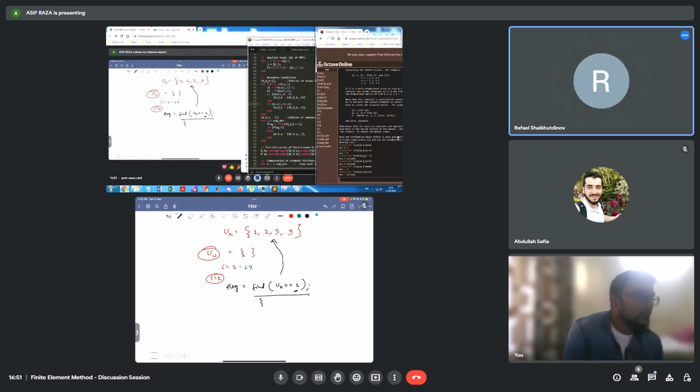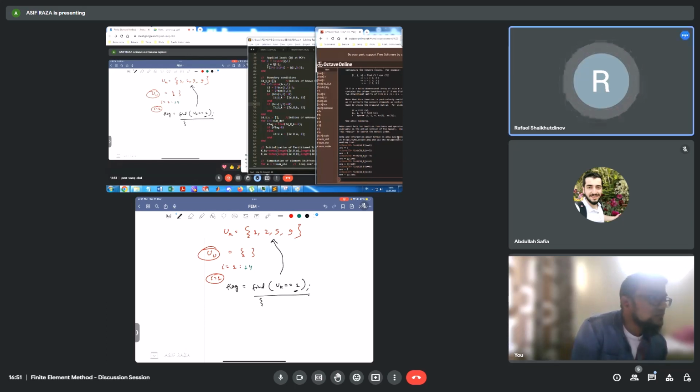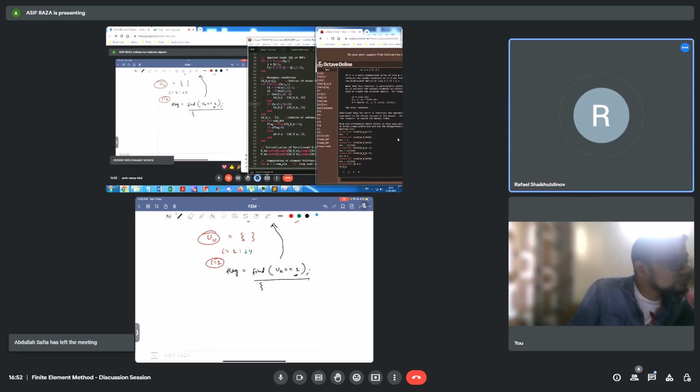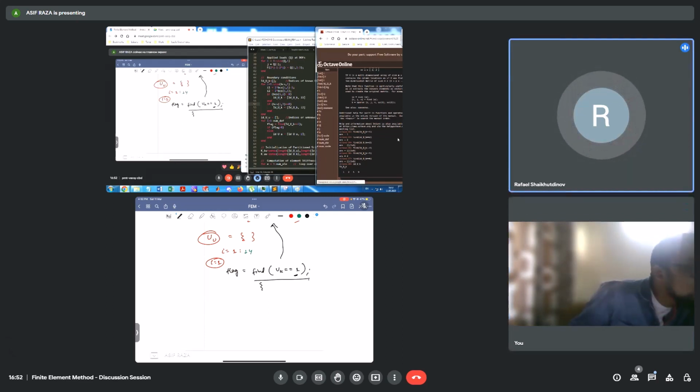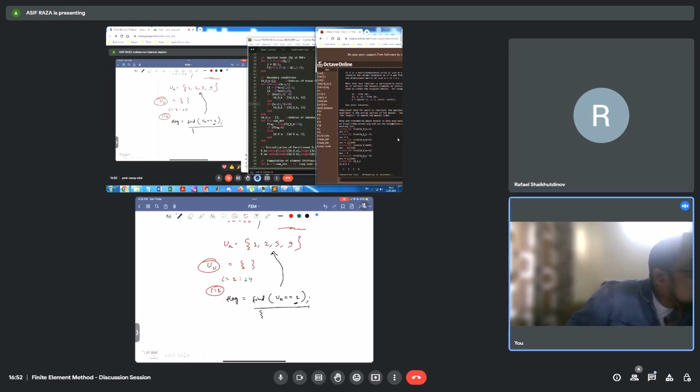If the value is there, it gives me its position, the index. I forgot this command in MATLAB.